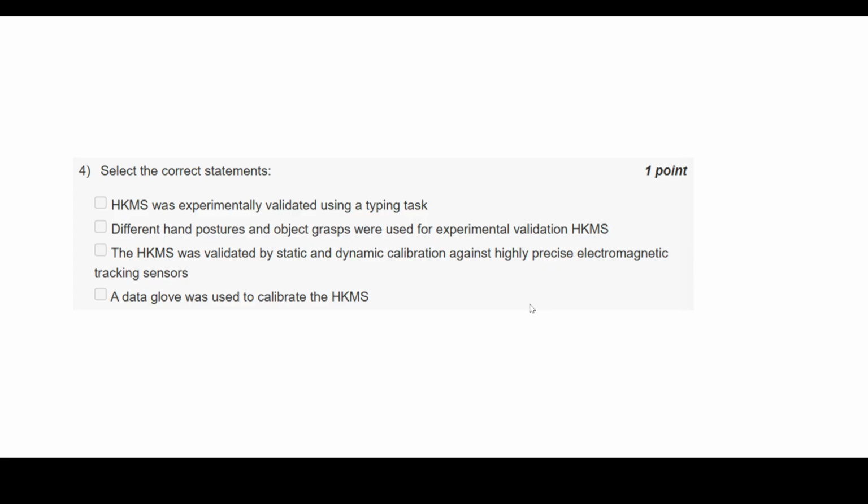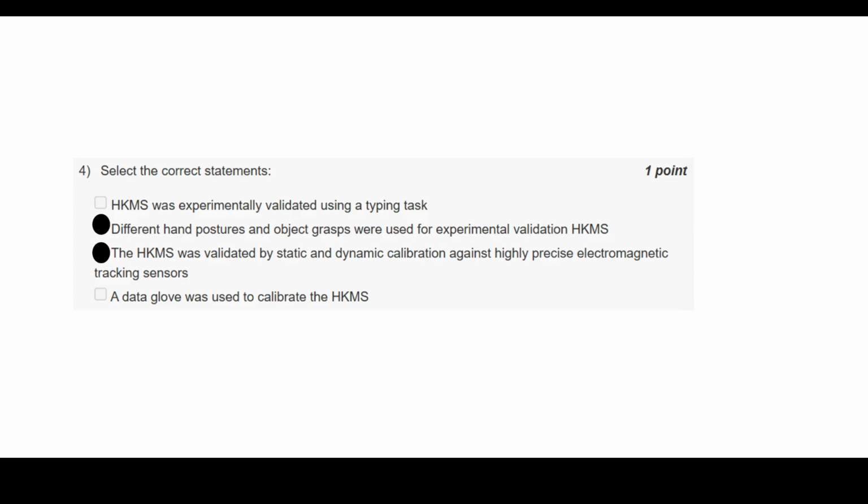The answers are: different hand postures and object grasps were used for experimental validation, and the system was validated both statically, where they had models of specific angles used for static calibration.